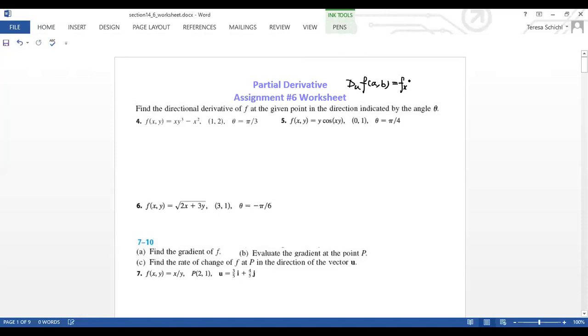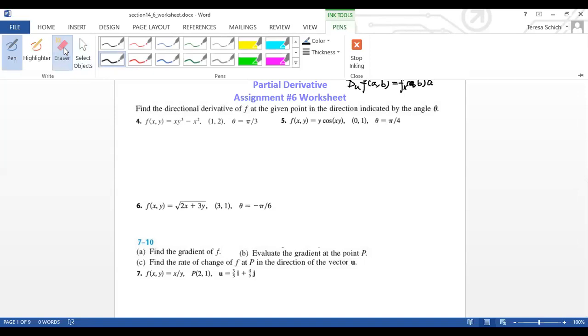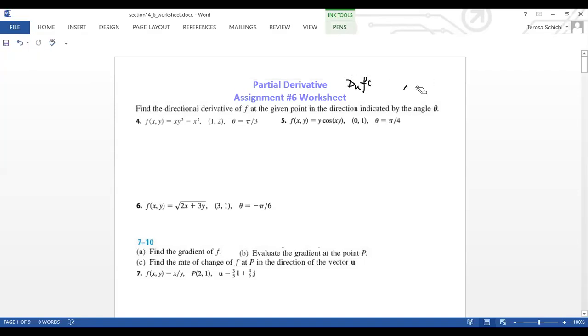The partial of x times A. Well, I guess this is not good, so let's put it a different way, with x0, y0.